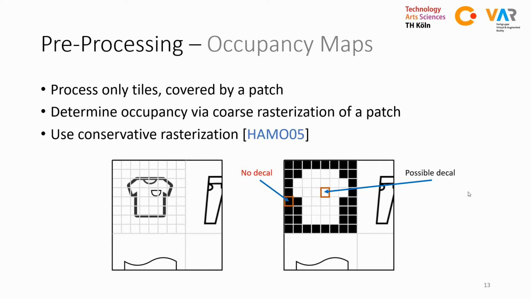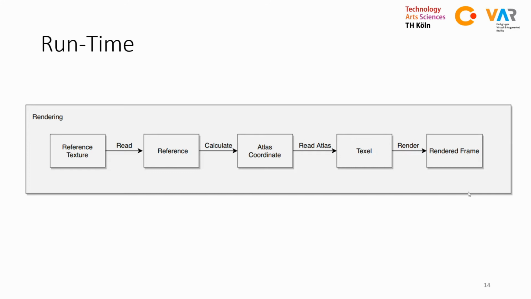Now, the created atlas texture can be used at runtime to render the baked decals. And this is rather straightforward. As a first step, the reference atlas is read out using the new texture coordinate set. It is important to disable any form of texture filtering on this read, as references cannot be interpolated, for instance like colors. The value read out is the X and Y index of the corresponding tile.